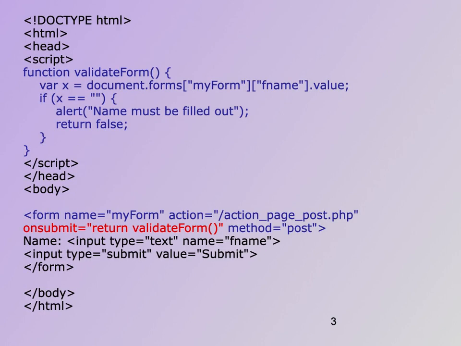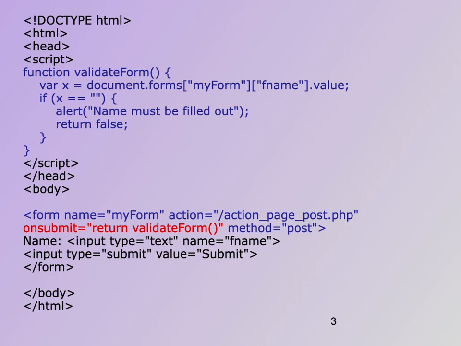There is validation with respect to a particular text field, as we said in the validate form function. In this example, doctype is HTML, followed by the HTML tag, then head tag, script tag. In our script tag there is a function. The function name is the same, validate form, and a variable is initialized with the form myForm, that is the name of the form from our document, and a particular text field name is specified, that is fname.value.